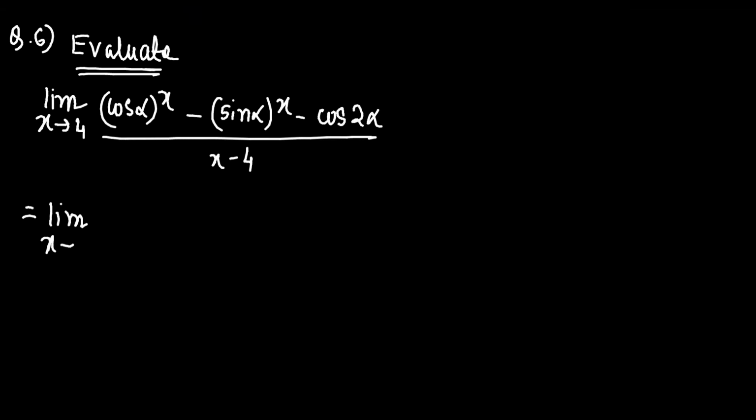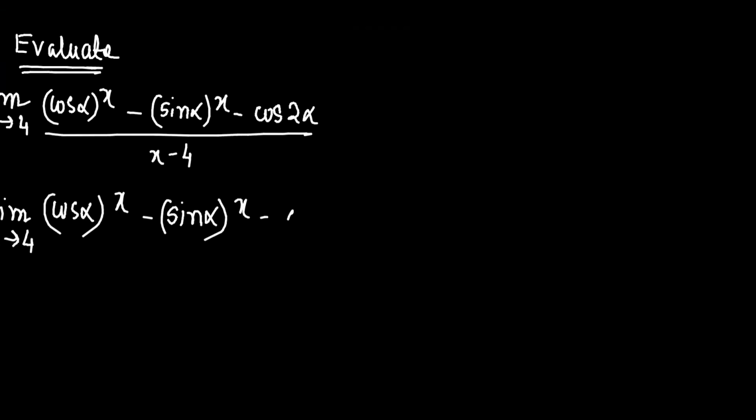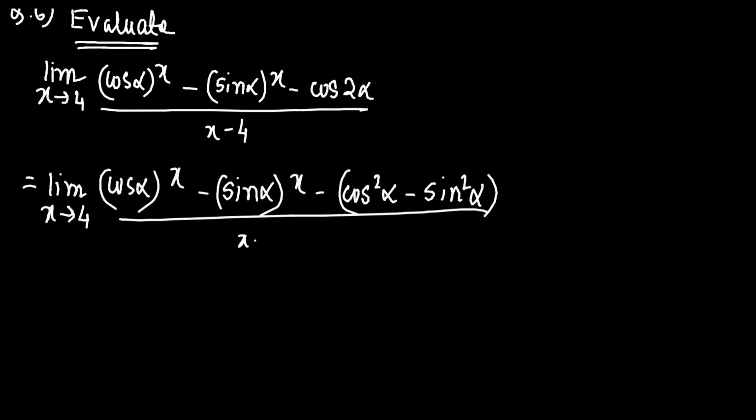So the limit x tends to 4, cos alpha to the power x minus sin alpha to the power x minus cos 2 alpha, and cos 2 alpha we can write as cos square alpha minus sin square alpha, by x minus 4.